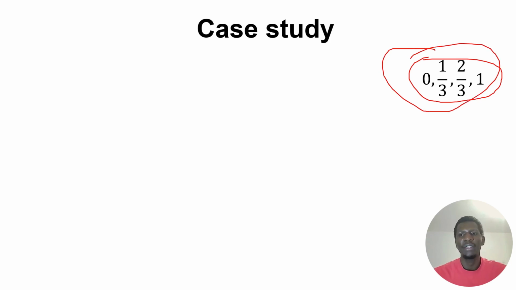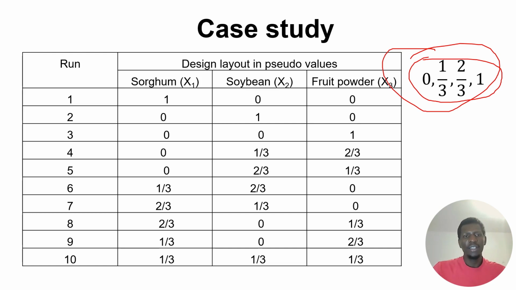How can we combine these levels 10 times such that at any given moment, the sum of component proportion should always be equal to 100%, or unity? If we set sorghum at its upper limit, then the 2 other limits will automatically take the lower limit, since the sum of component proportion must always be equal to 1, or 100%.